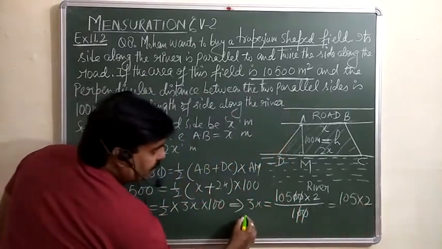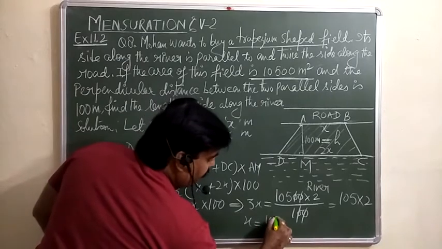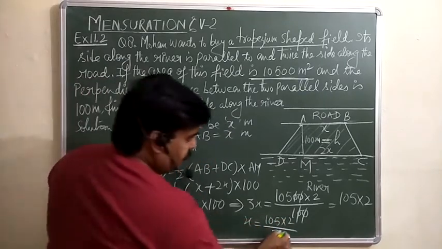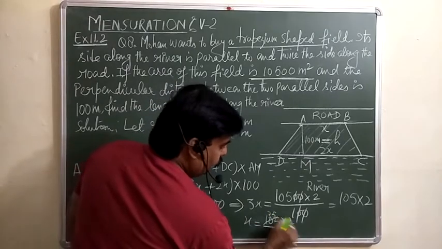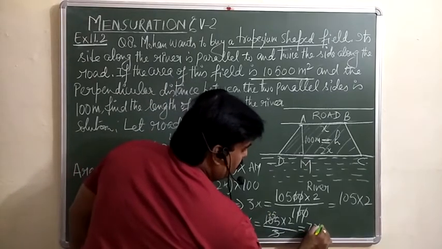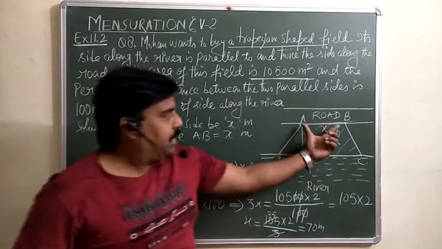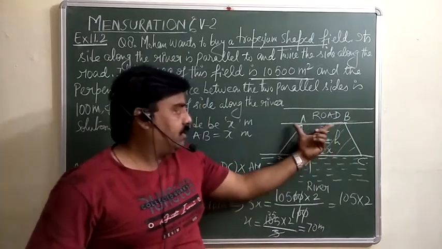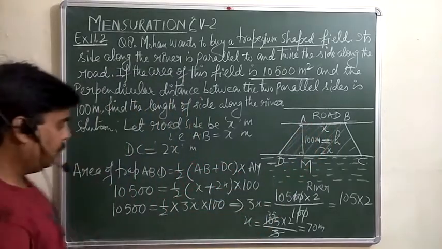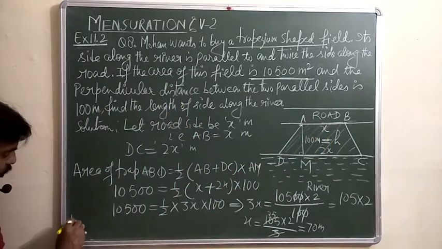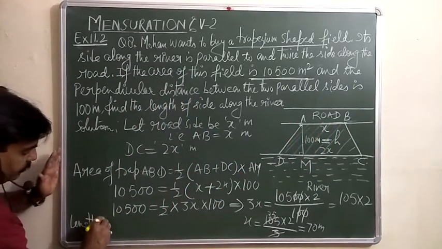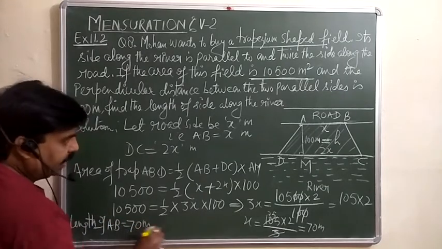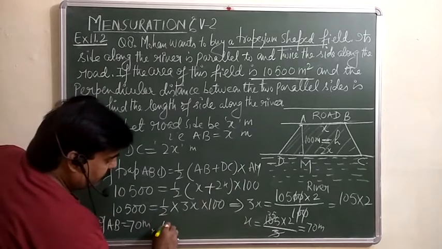But we were interested in x. So x will be equal to what? 105 into 2 over 3. You can divide: 3 3s are 9, 3 5s are 15. So x is equal to 70 meter. So the length of the road side, AB, is 70 meter, and the length of DC is twice.